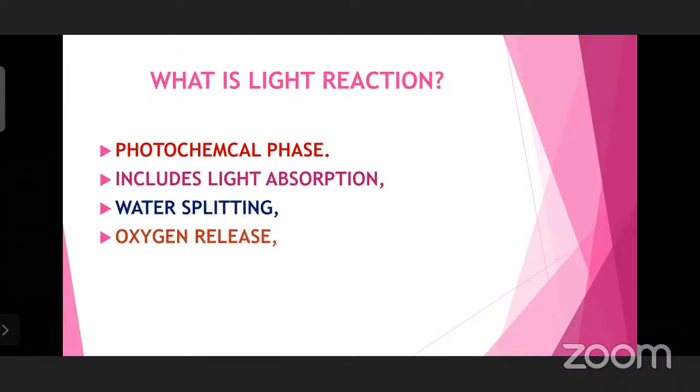Here in this light reaction, it includes first light absorption, then splitting of water. When water, H2O, is split, oxygen is released. Meanwhile, the hydrogen protons and electrons get separated. This is very important. The protons and electrons which are liberated from this, the protons will be taken up by the electron acceptor NADP, and it is going to get reduced to NADPH. And oxygen, a gas, is released into the atmosphere, which is a byproduct of light reaction.